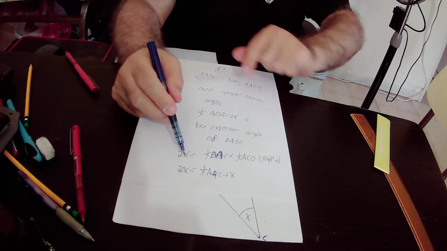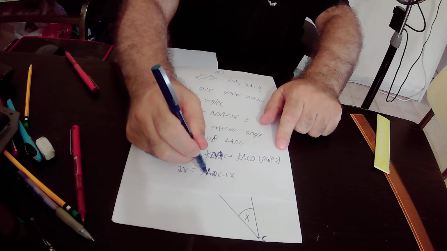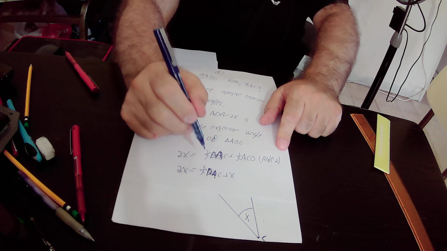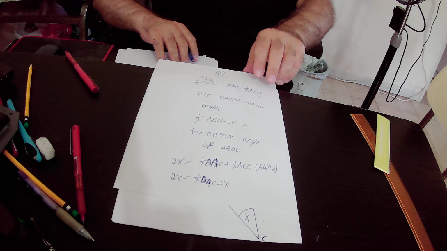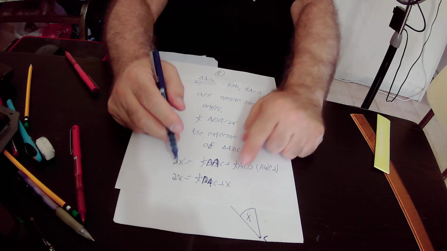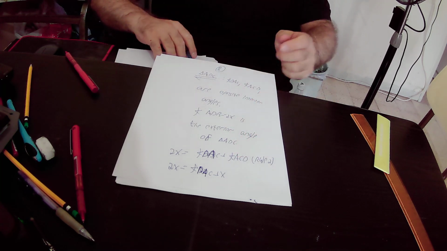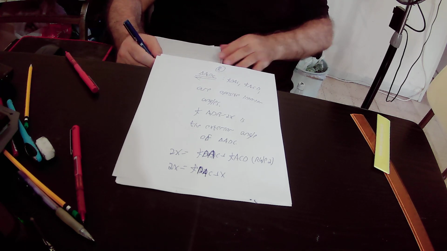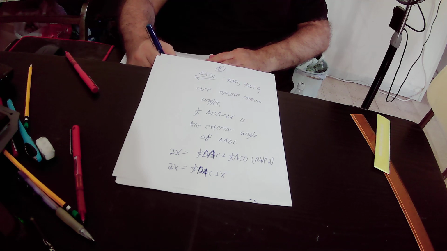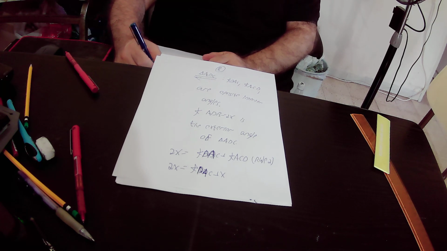From this equality, this angle is angle DAC, so we will get that angle DAC equals 2x minus x, that equals x.